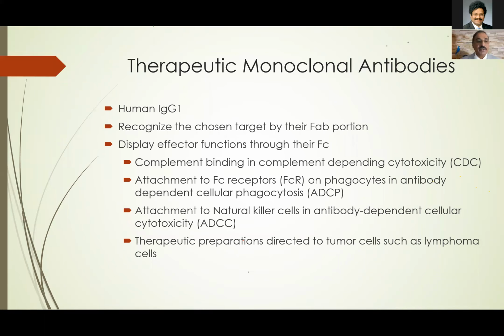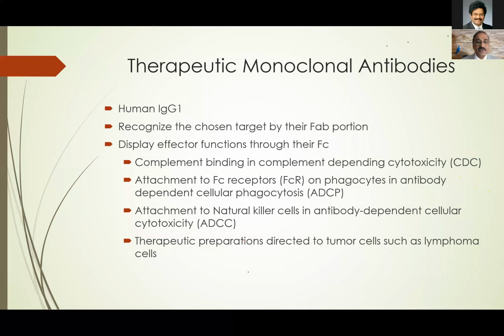This is also helpful in tumor immunology, where this Fc portion goes to the specific tumor cell, attaches to it, releases the complement, and the tumor cell will die. And then attachment of these Fc receptors on phagocytes causes phagocytosis, which is antibody-dependent cellular phagocytosis. Attachment to natural killer cells can cause antibody-dependent cellular cytotoxicity.